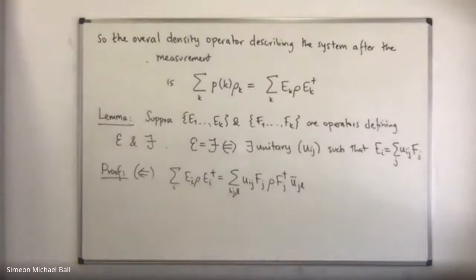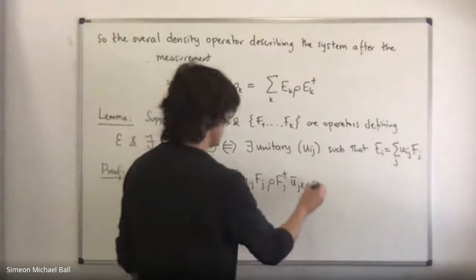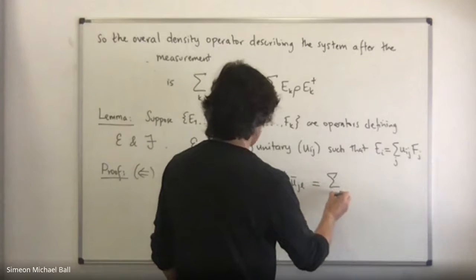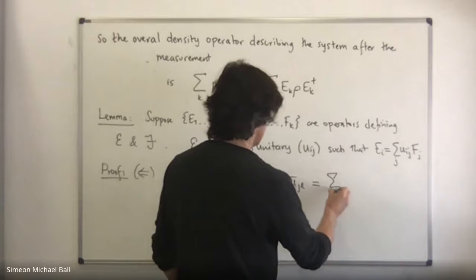And now the fact that U is unitary implies that this is the sum over j.